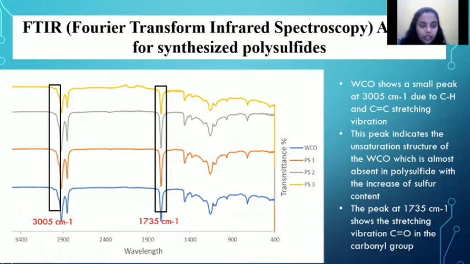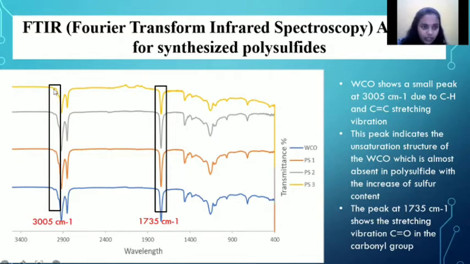As you can see, the blue color shows the waste cooking oil peaks, and the other 3 peaks show the synthesized polysulfide. As the amount of sulfur increases in the synthesized polysulfide, the peak present at 3005 centimeter inverse is absent.